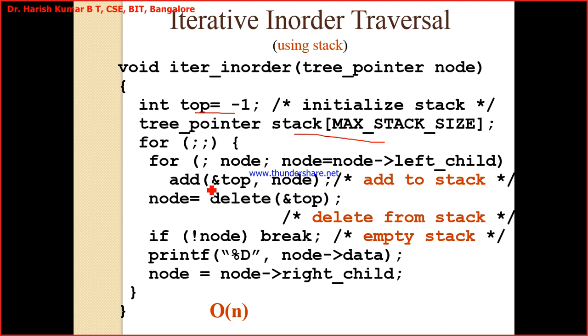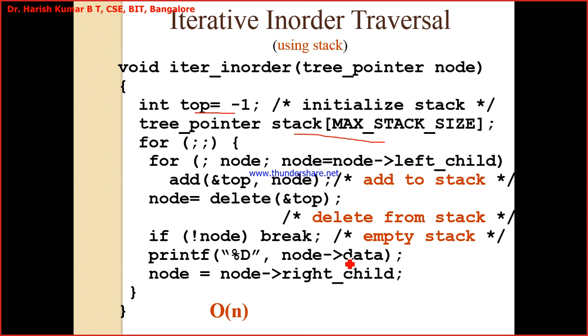Next, after adding all of them, I keep deleting the node from the top. I pop the top element, assign it to node, and check here, if not a node, I break, meaning the stack is empty.